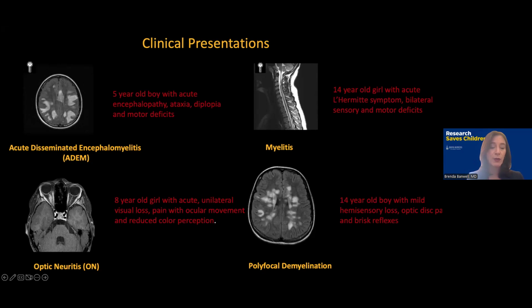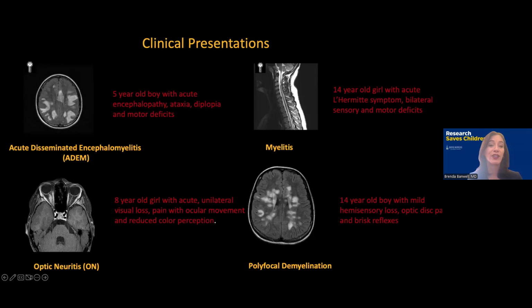Illustrated here is a 5-year-old on the top who presented with acute encephalopathy, so impairment of level of alertness, severe drowsiness. He had impaired balance or ataxia, diplopia, which means double vision, and had motor weakness in his upper and lower extremities. As the MRI on the side shows, there are multiple areas of bright white signal.